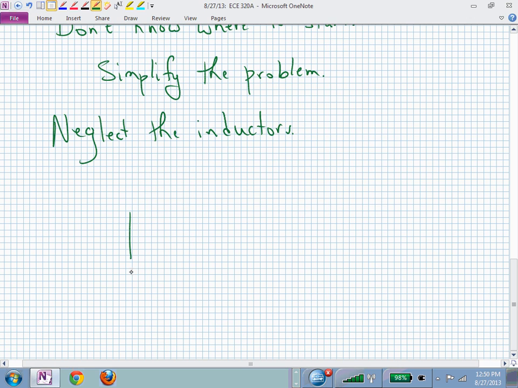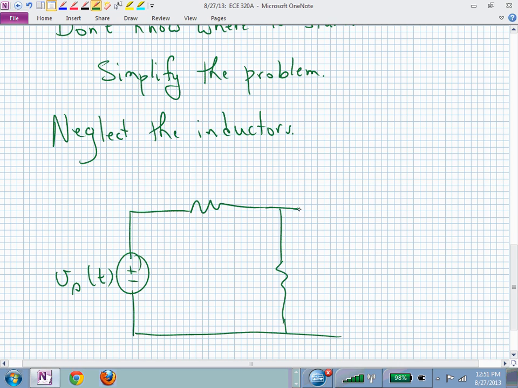Meaning we can now say, well, let me just sort of think out loud for this potential employer. And you say, there's my voltage source. I'm used to seeing them in something. Maybe now I have a circle. And suppose that, just for starters, why don't I neglect the inductors? And I was saying that this was maybe the line impedance.